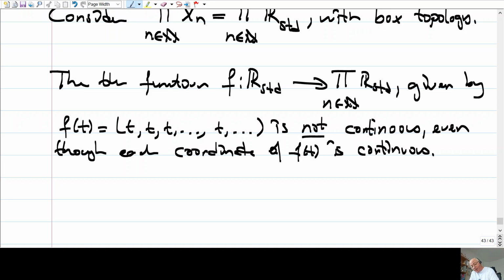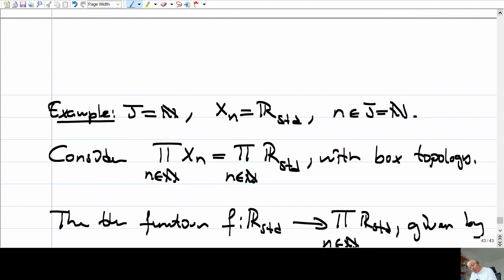Well, let's take an open set in the product and check whether its inverse image is open or not. Let U be this product of the intervals (minus 1 over n, 1 over n), where n is the set of integers from 1 to infinity, positive integers.